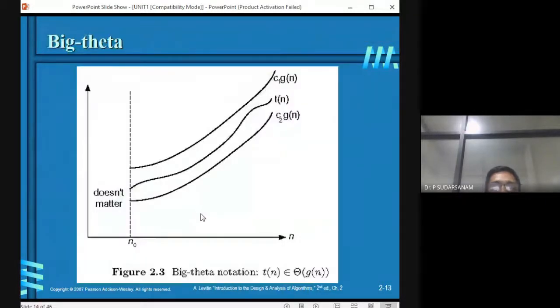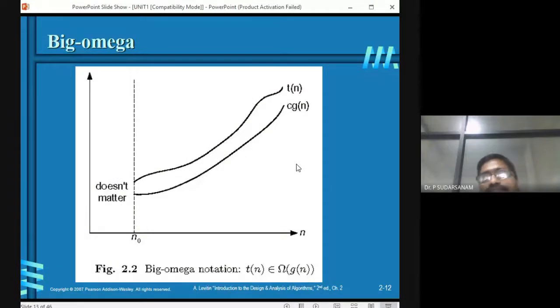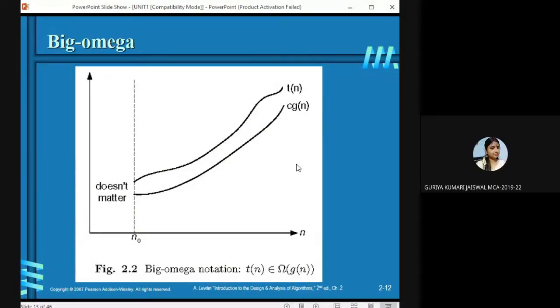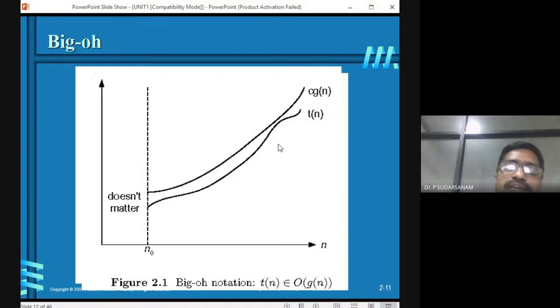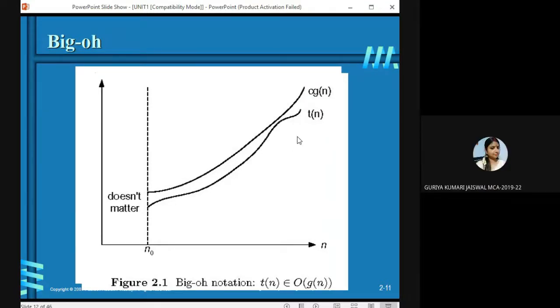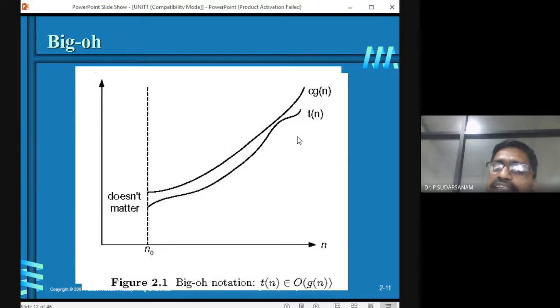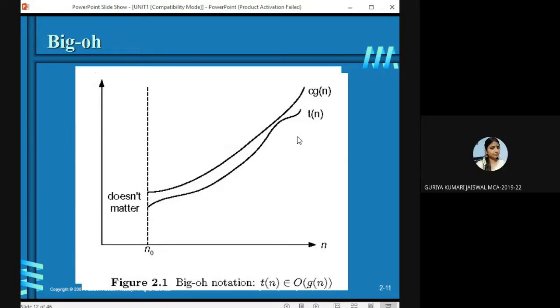So now one question I'll ask you. Tell me, 2 is there and 6 is there. Is 2 less than 6 or greater than 6? 2 is less than 6.